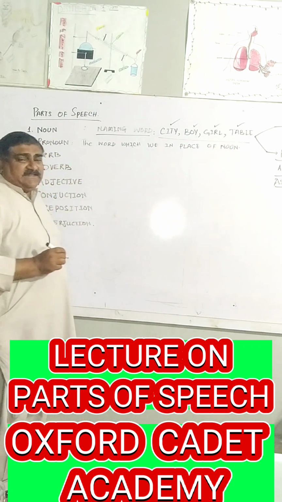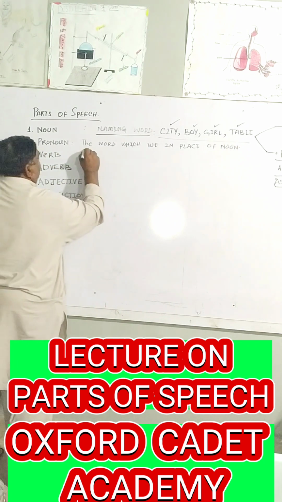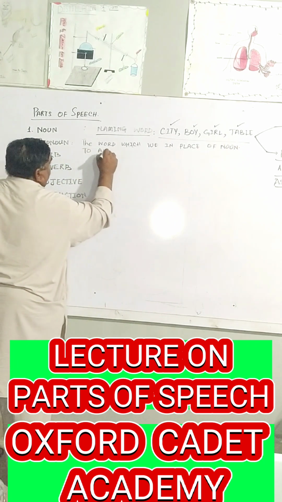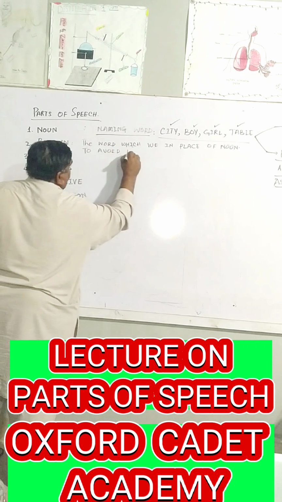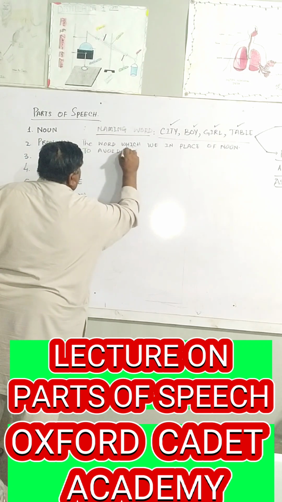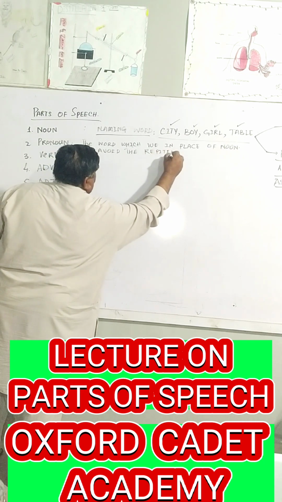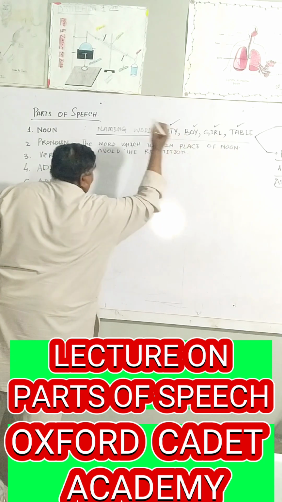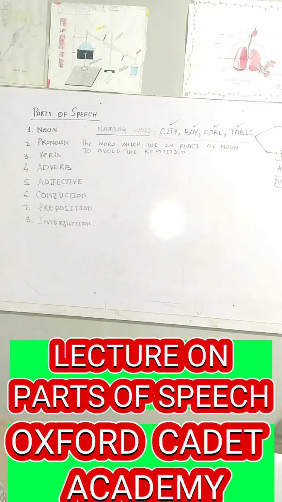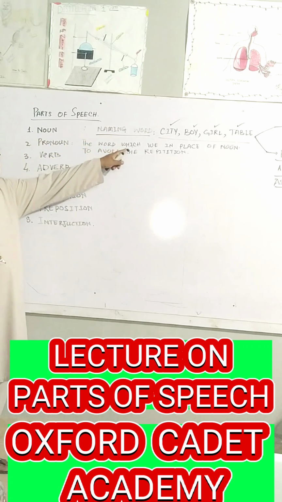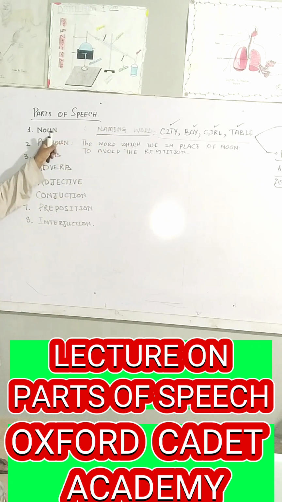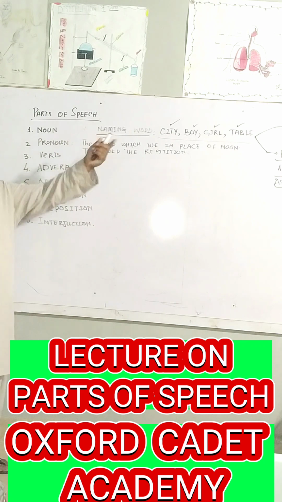Why we use in place of noun? Because to avoid the repetition. What type of repetition? Repetition of noun. We use a word in place of noun to avoid the repetition of a noun.